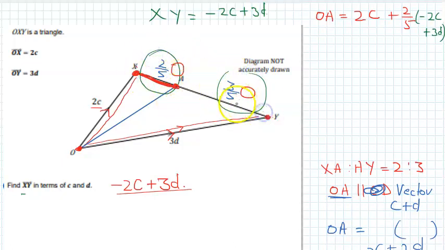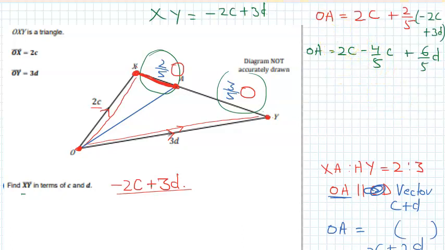If this value is supposed to give it 3/5 of this, so now OA is equal to 2C, this is 2/5. So 2 times 2 is minus 4/5 C plus 3 times 2 is 6/5 D.